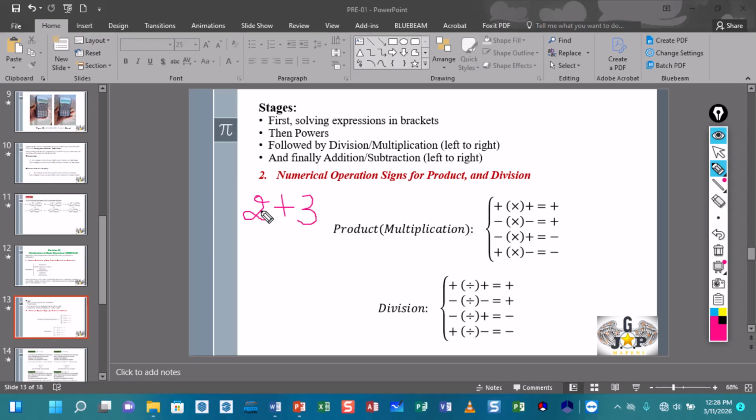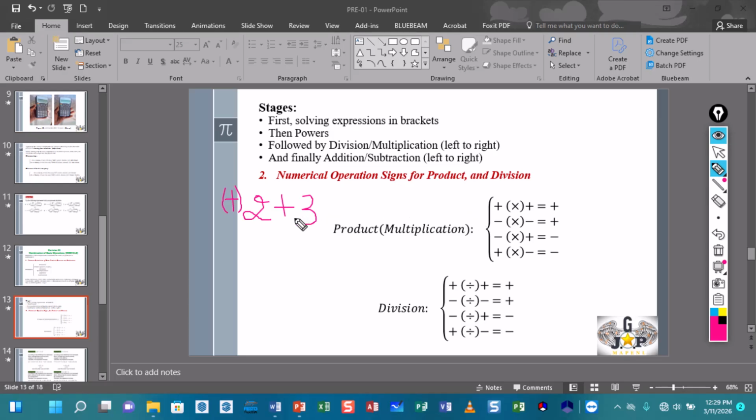But the 2 in itself, a number without a sign, is automatically positive unless a sign is assigned to it. So I'm saying that we have plus 2 plus 3.